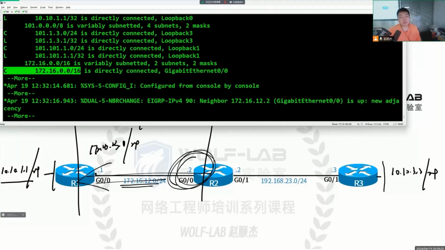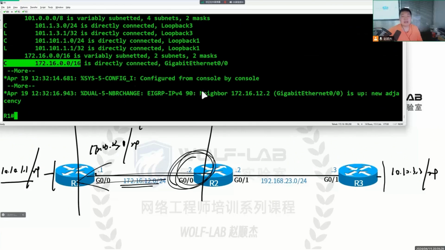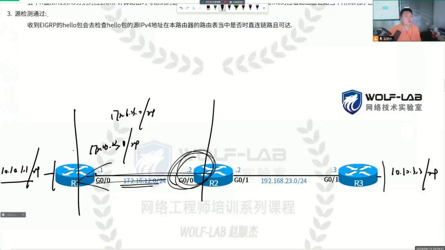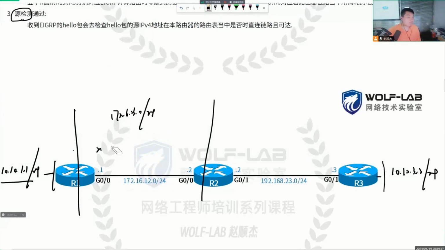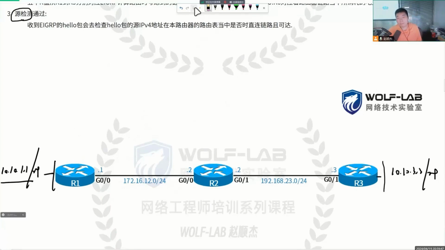Can also become a neighbor relationship. You see it. As long as we receive the hello packet, the source address of this hello packet on my device has a directly connected route, reachable, can access my direct link. The hello packet sent by the neighbor router to me, then we can establish EIGRP neighbor relationship. This is source check passed.